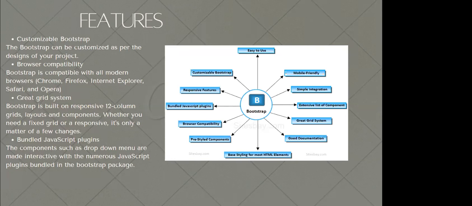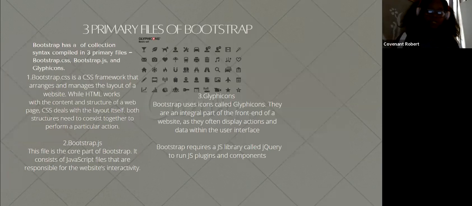Thank you. So let's talk about the three primary files of Bootstrap. Bootstrap has a collection of syntax compiled in three primary files, which are Bootstrap CSS, Bootstrap JS, and Glyphicons. I keep calling that Glyphicons. It's actually Glyphicons.